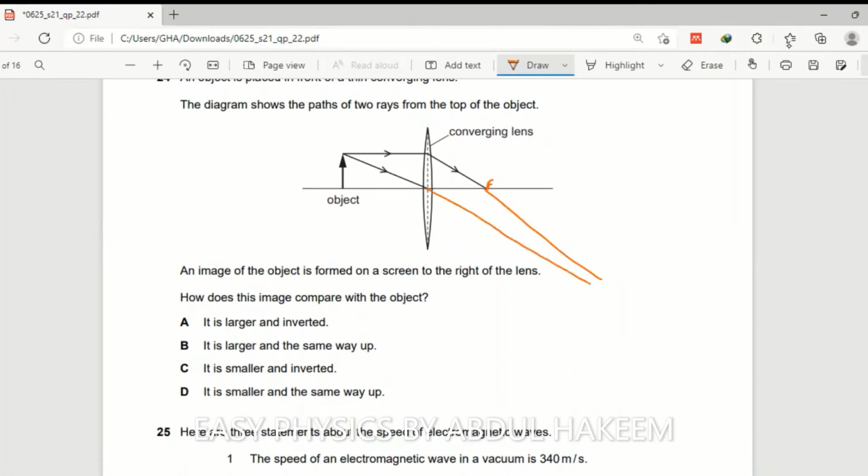Then it is meeting over here. So this is the image. And the answer is it is inverted and enlarged. So this is larger than the object, but it is inverted. So the option is A, because the light rays are coming from the top of the object, where they are meeting, they will form the top. So the top is at the bottom. So this is inverted. So A is the option.